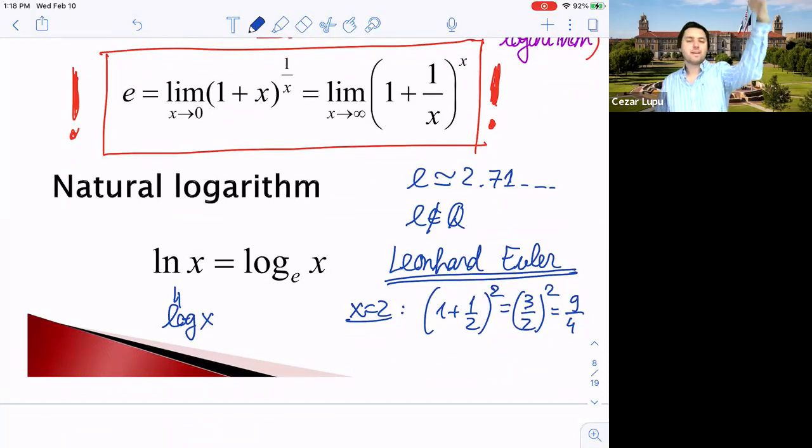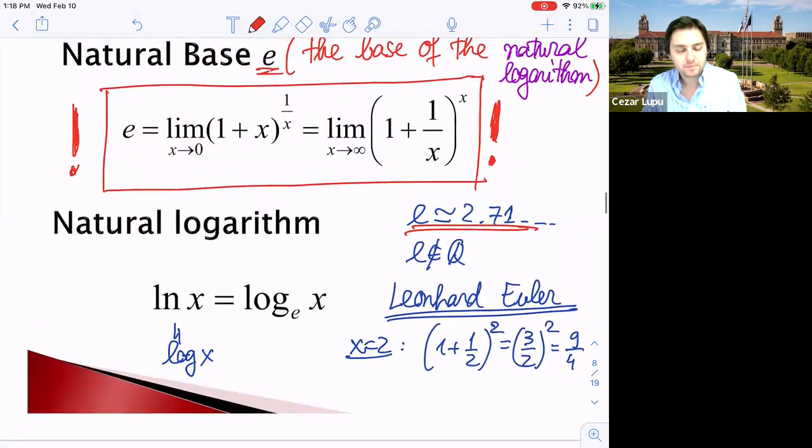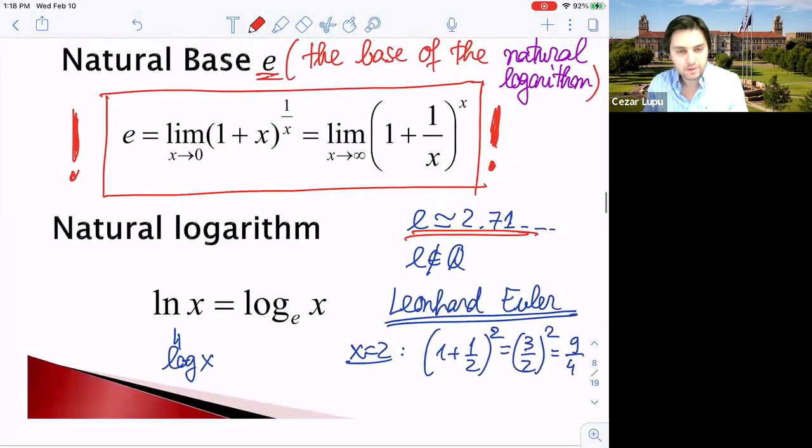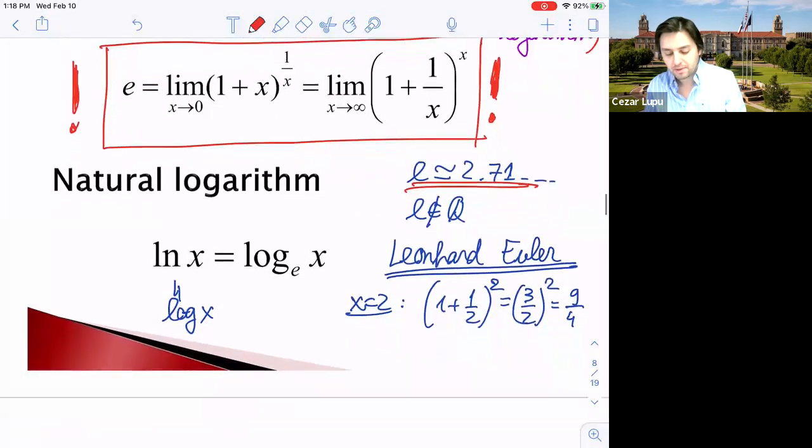But as you grow x, if you take 3, 4, or so on, it will get very close to 2.71. So it will be around this number. So you can see it in this way. But that's what you need to know, that the limit as x approaches infinity of (1 plus 1/x) to the power x is e. We'll talk about limits at infinity at some point, probably in the next chapter for sure.